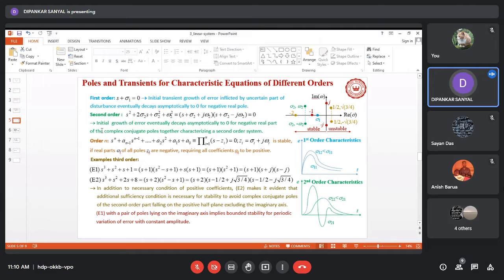If it is a second order equation, then it could be split in this form so that we could have a pair of complex conjugates given by sigma 2, omega 2 and sigma 2, minus omega 2. And again, if the initial disturbance makes the error shoot up to a high value, then because of this negative real part sigma 2, we will have some kind of decay.